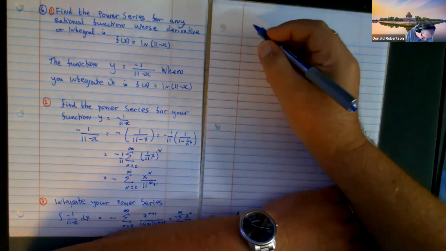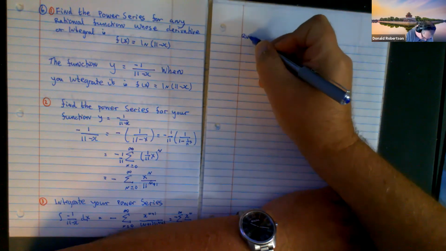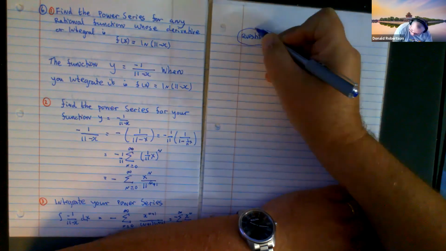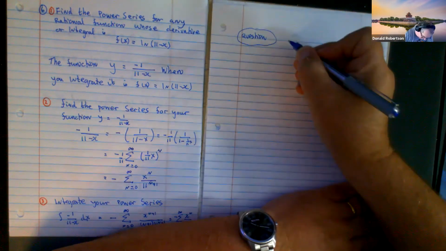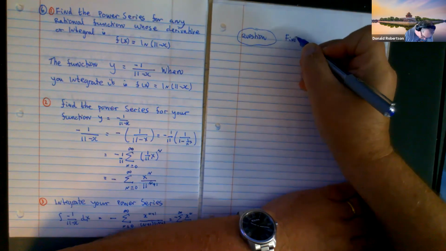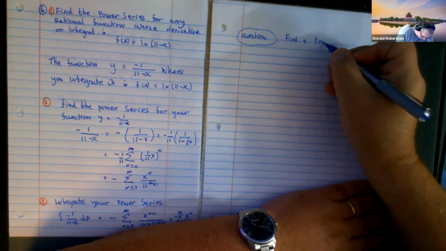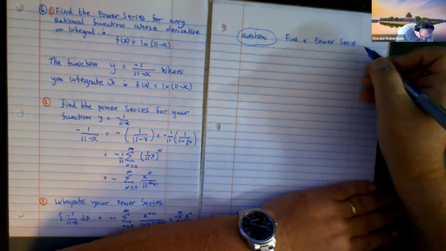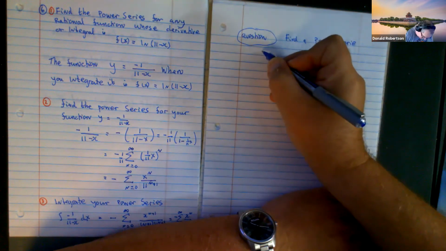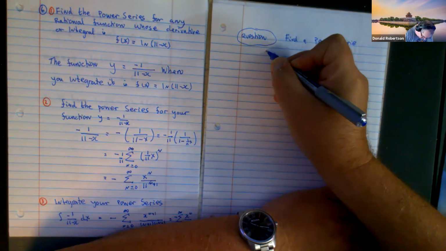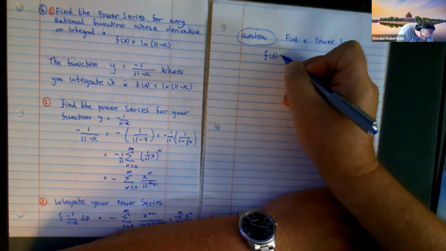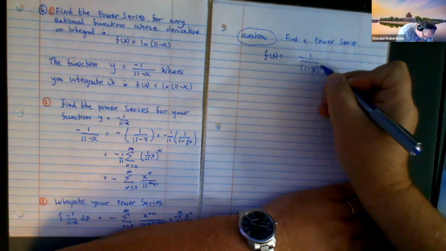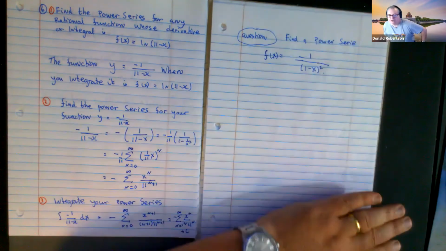So here's the question. It's basically the same question that they give you. You're being asked to find the power series, but it's to be for this function. So these are special cases.